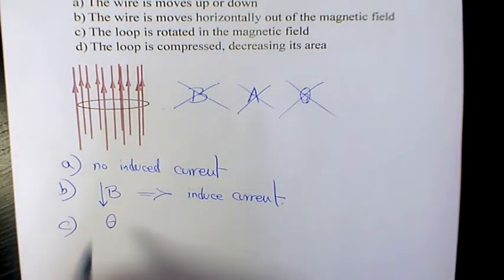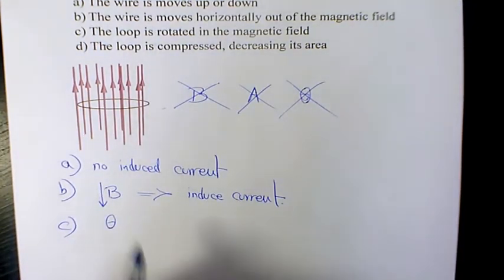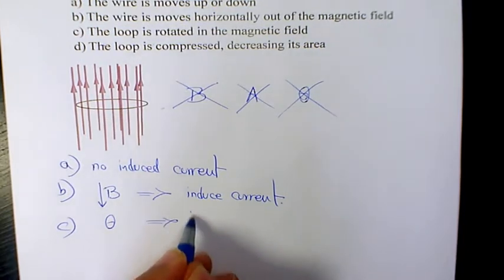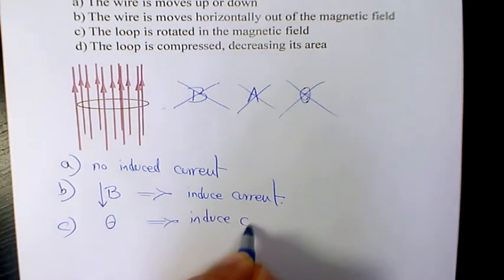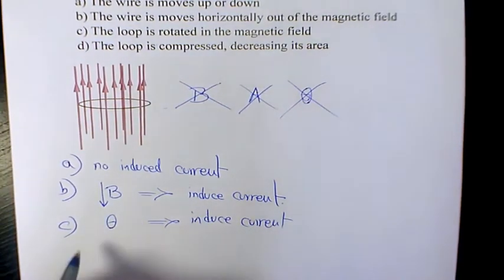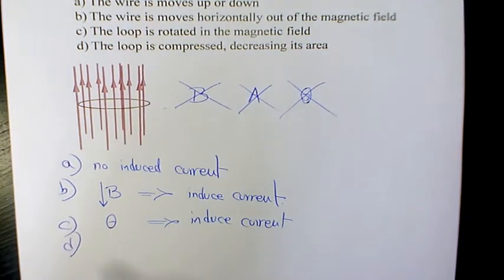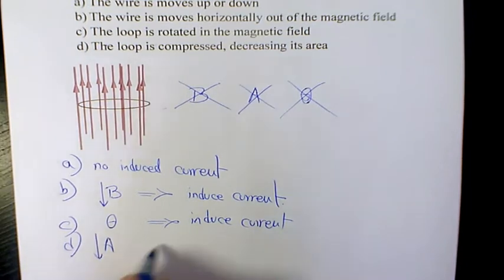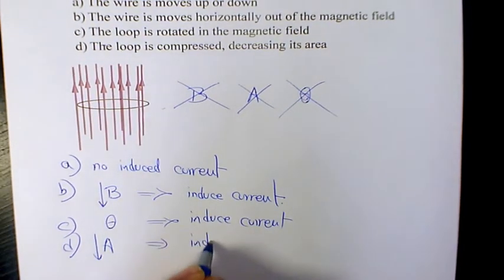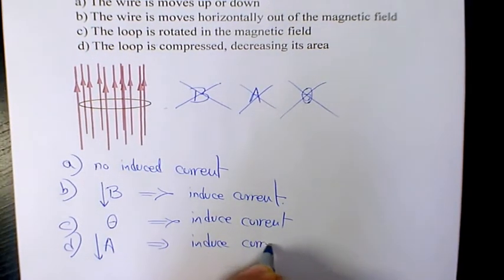Since the loop is rotated, theta is changing. So that's going to induce current. And part D, the loop is compressed, decreasing its area. So A is reducing. So that's going to induce current as well.